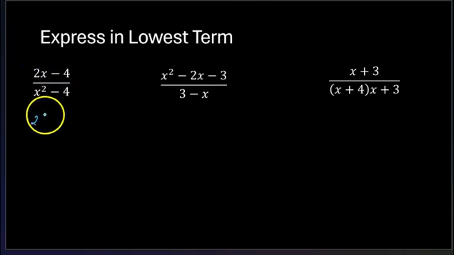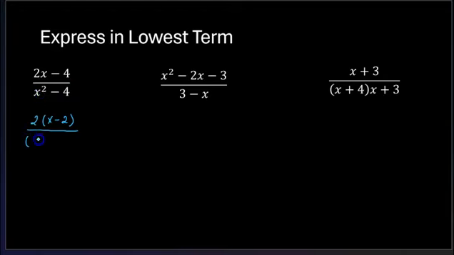So we factor out 2 and we write this as x minus 2. You divide everything by 2, right? Then for the denominator, if you remember, this is a perfect square and another perfect square. And our operation here is subtraction. So we have difference of two squares. Then we can factor this.